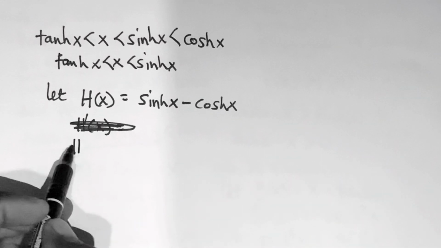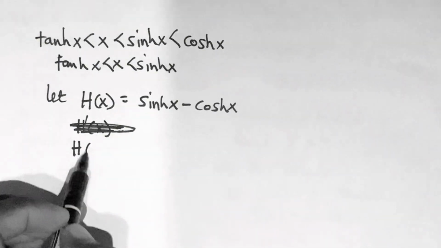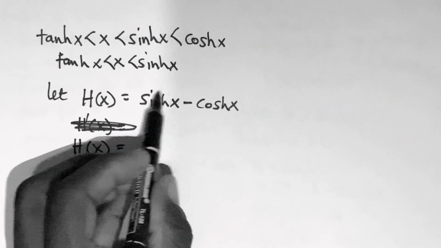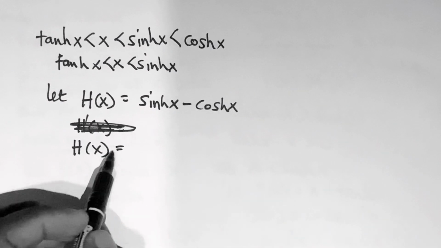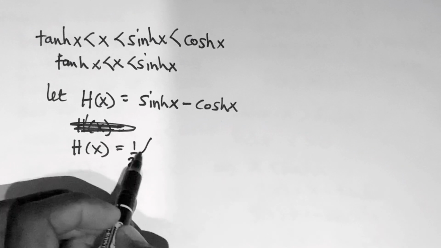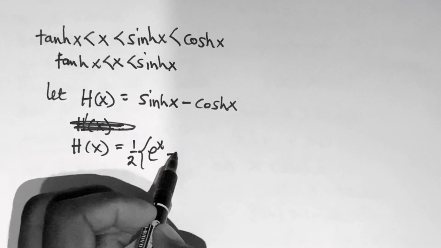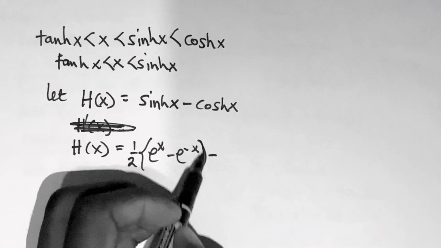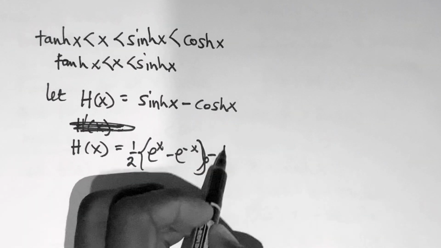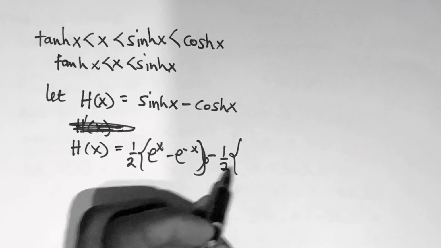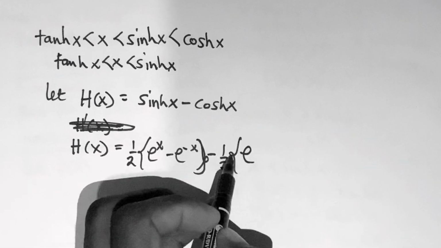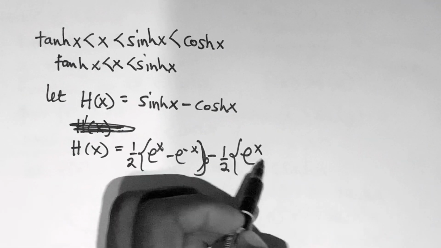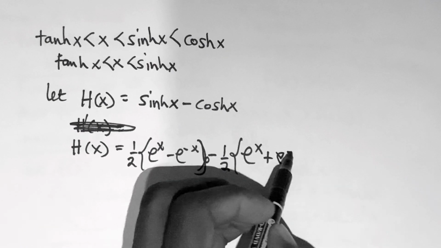So now h of x is equal to, by definition, hyperbolic sine x is half of exponent x minus exponent minus x, then minus, so let me use curly bracket, half of, in brackets, exponent x plus exponent minus x.